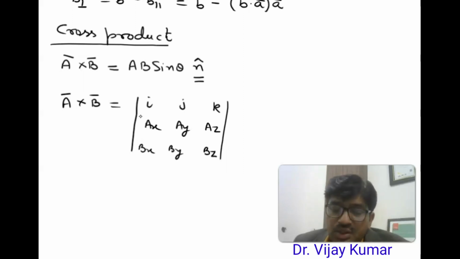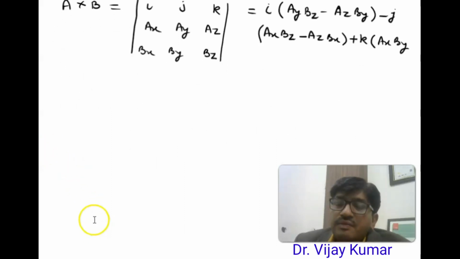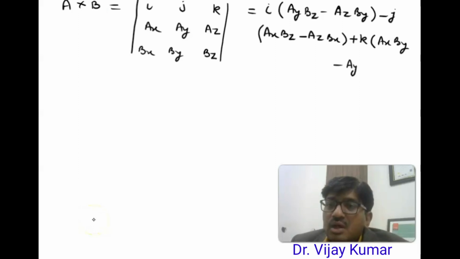This is A cross B. And if we solve it, then it should be i(AyBz minus AzBy) minus j(AxBz minus AzBx) plus k(AxBy minus AyBx). This is the cross product of two vectors.